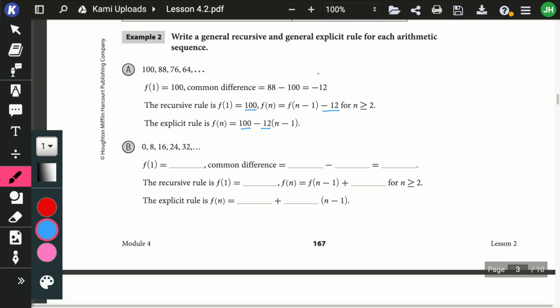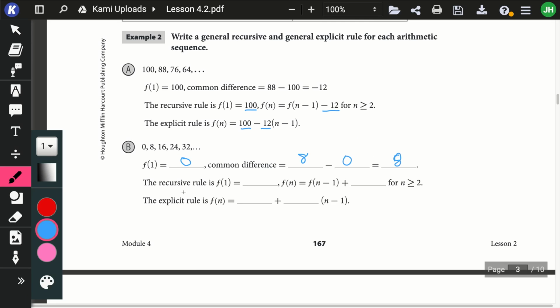I'm going to pause the video so you can fill this out. Good. So let's see. f of 1 equals what? It equals 0 because our start value is 0. What's the common difference? So this is going to be their second term minus the first term. 8 minus 0, which equals 8.